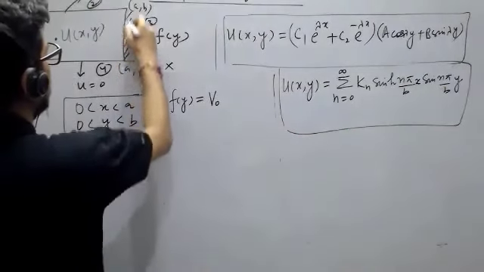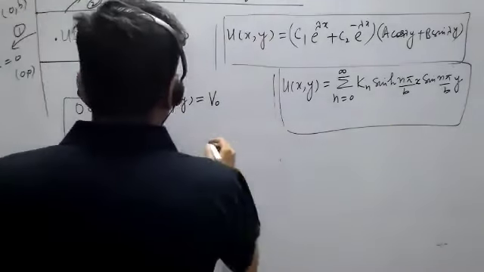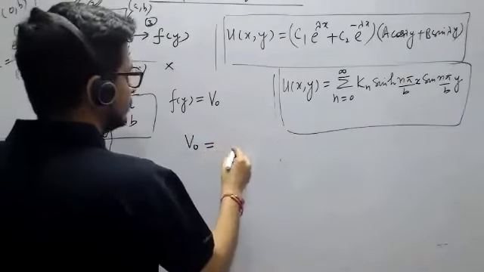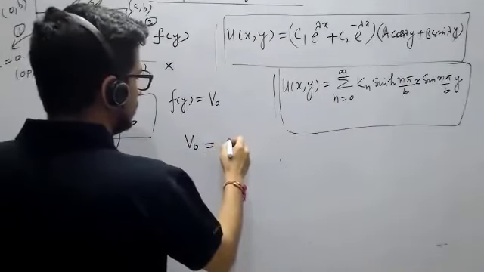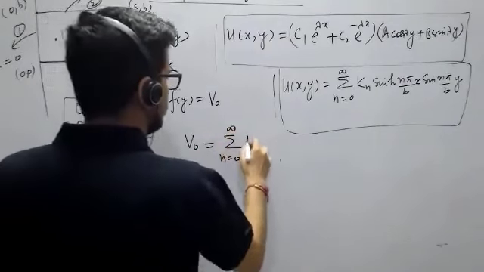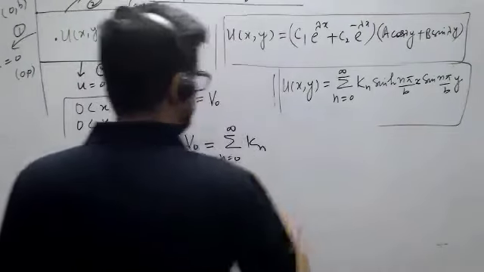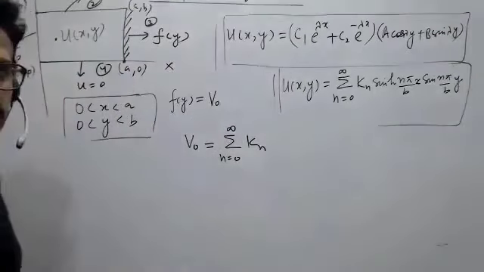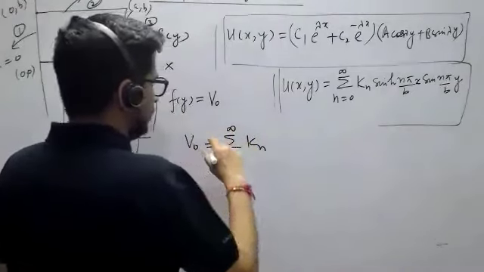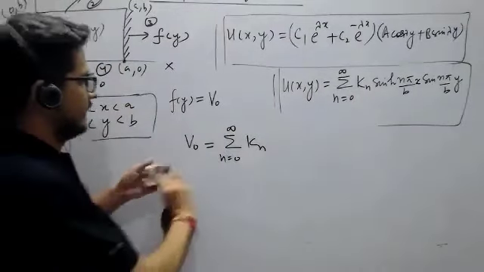This is at x is equal to a. So V naught is equal to the summation n is equal to 0 to infinity Kn. I can calculate Kn in advance first of all, and then I will take a special case.